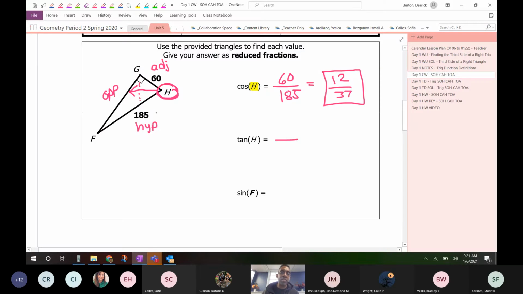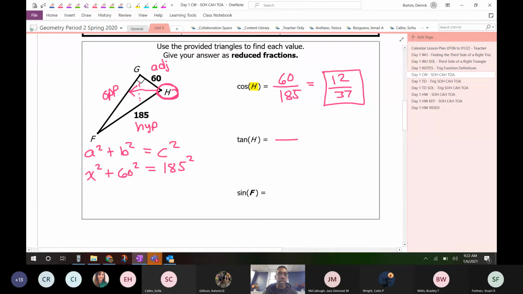We have to do the Pythagorean theorem, that whole a squared plus b squared equals c squared thing. The c squared is always the hypotenuse, so that's going to be the 185 squared. The a squared and b squared are the other two sides, so I'm just going to say x squared plus 60 squared.